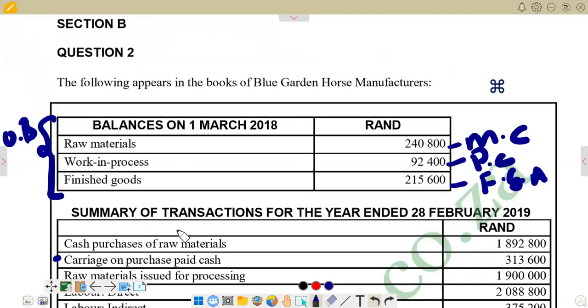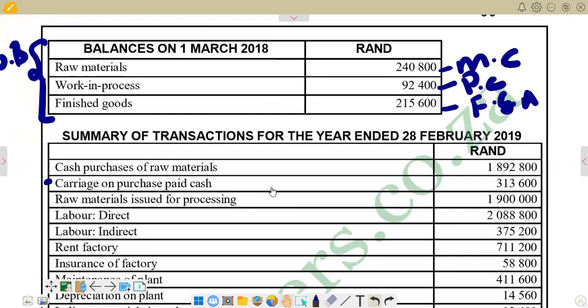The next transaction that we have is raw materials issued for processing, 1,900,000. Remember we purchased raw materials and debited material control. Now we are issuing the materials that we purchased to production, that is, for processing. It means we go to the opposite side of the material control to transfer to the production control.